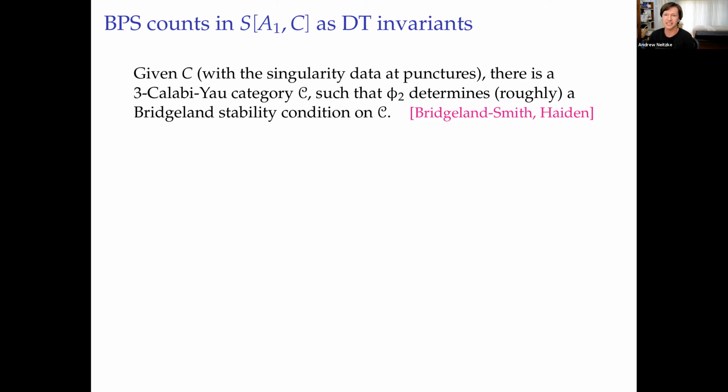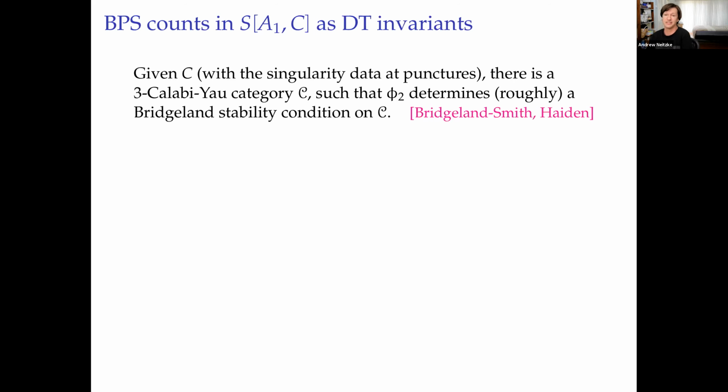In complete generality, that's only a dream, but in this particular case, it's actually been proved in work of Bridgeland-Smith in the punctured case, and then very recently in work of Fabian Haiden in the unpunctured case.